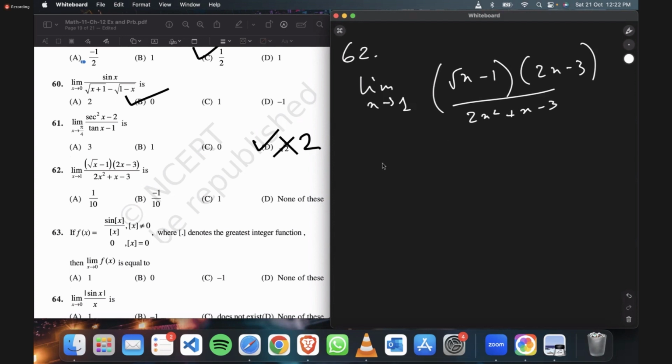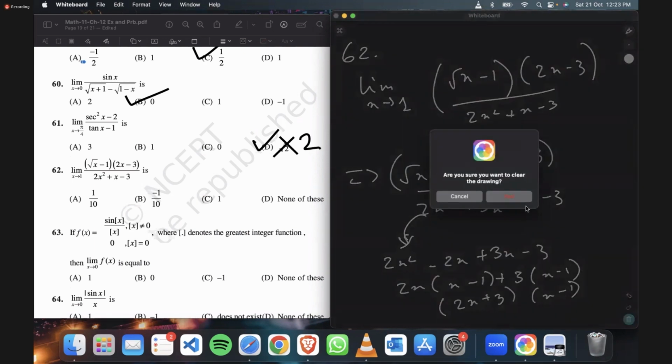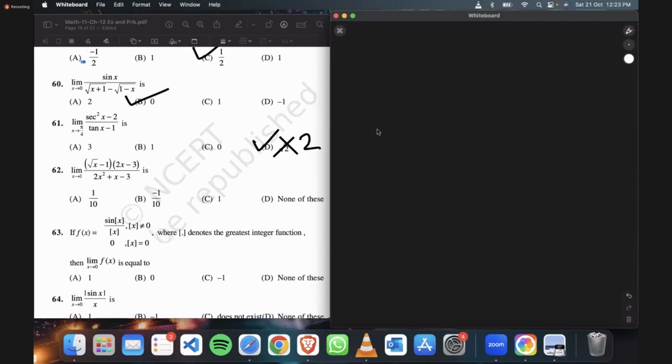So I can write this part as, yeah. So now this 2x plus 3 numerator and denominator will get cancelled out.